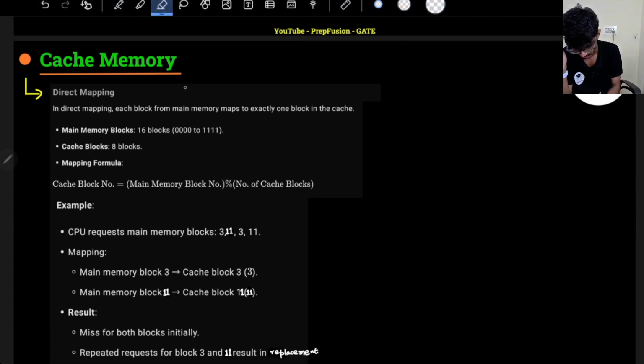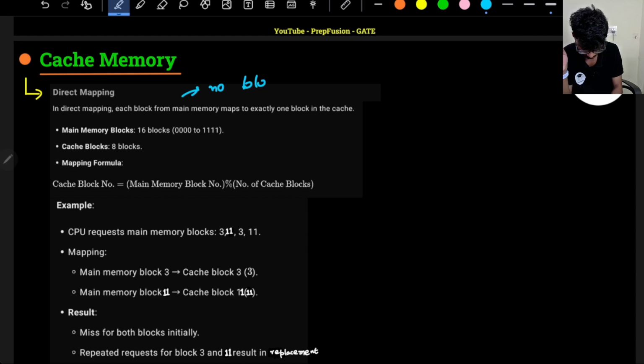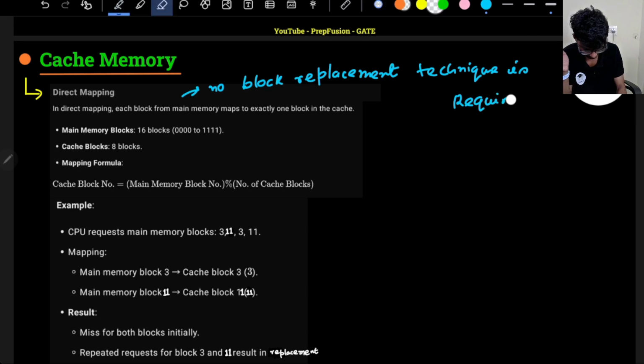Why is no block replacement technique required?